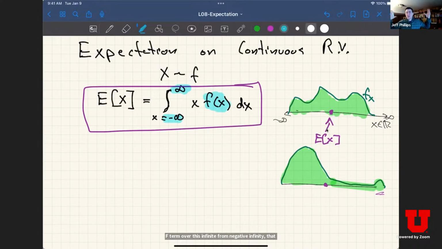So I know it shouldn't be too bad. I have to worry about if there's a lot of mass as x gets extremely large, then something bad could happen, okay? But in general, for a lot of random variables, this expectation is still well-defined. The ones we'll talk about in this class, the expectation is going to be well-defined. You sometimes deal with properties where this expectation with this infinite integral is not finite, then those are messier things, beyond the scope of this class, at least.